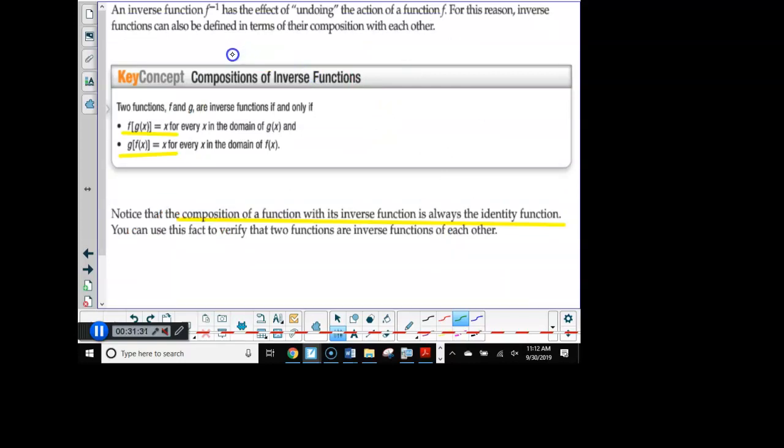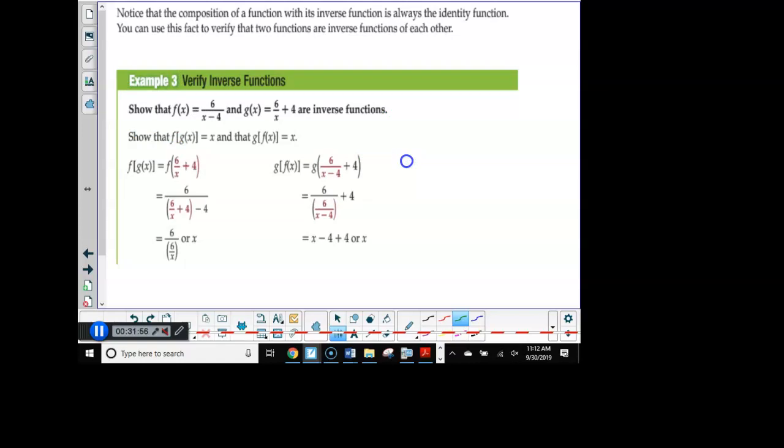Inverse functions should also undo the actions of the original function. So if you put g into f like this, or f into g like this, they should undo the actions of each other and get you back to just an x. All right, we're just going to practice. Well, here's one done for you.